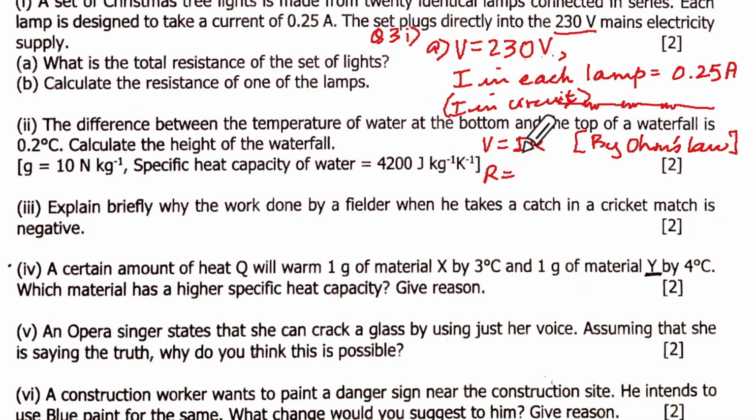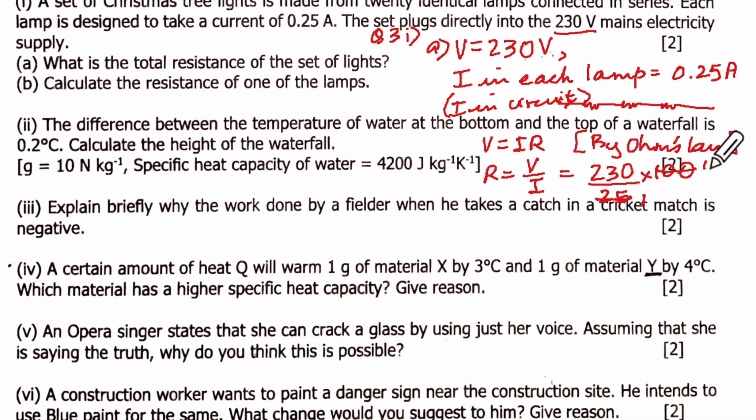So R will be equal to, take I that side, so V upon I. How much is V? 230. How much is I? I'll write 25 here and I'll put 100 here, and I want to avoid using decimal numbers.